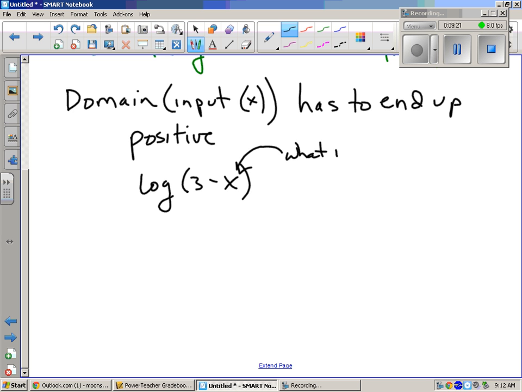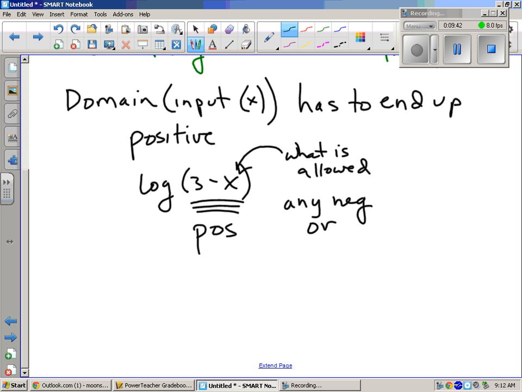If this has to be positive, then I can put any negative number in for x, because 3 minus a negative would make it positive, or I can put up to a 3 in there, because 3 minus 3 is 0. Up to a 3, not including the 3.